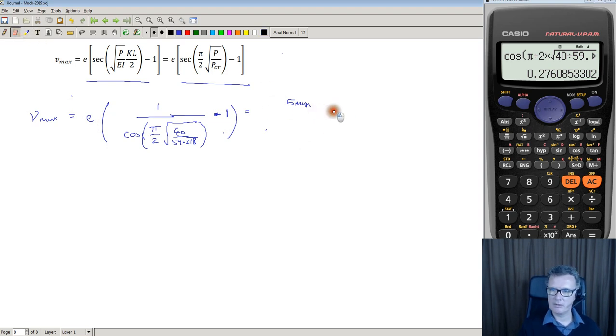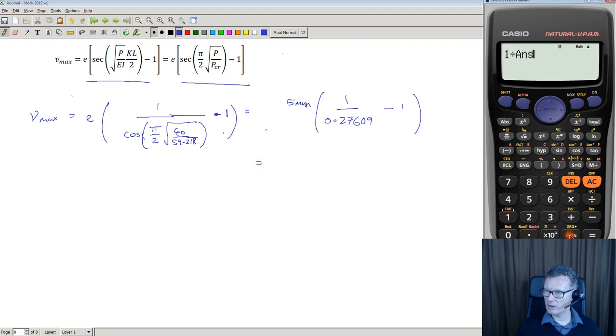So 5 millimeters, and we've got 1 over 0.27609, take away 1. So 1 divided by that answer is that, take away 1.